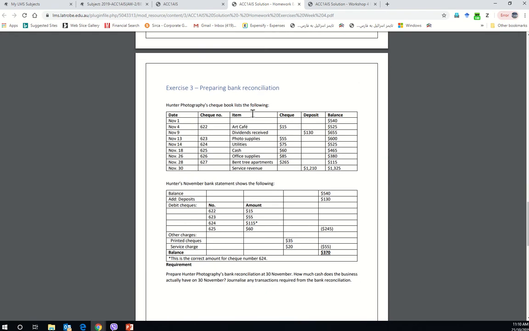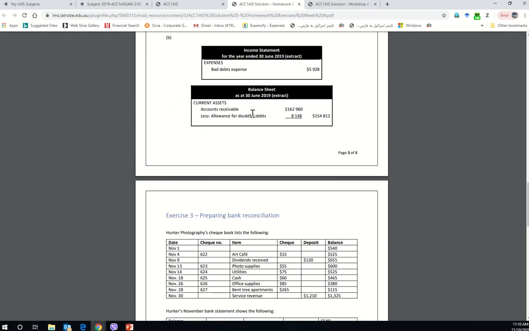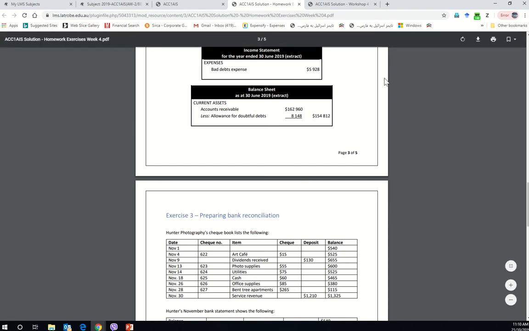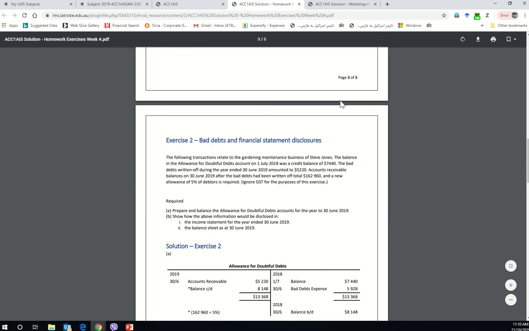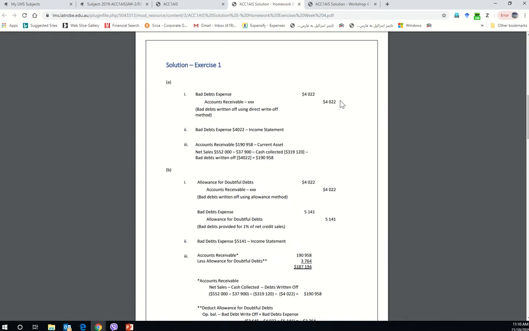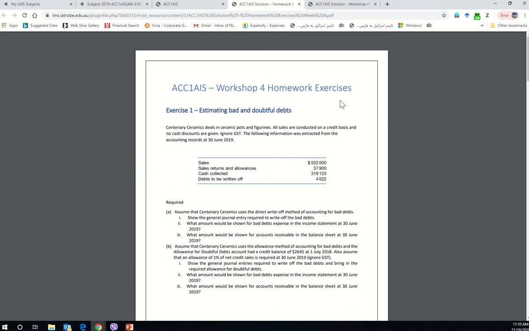So two main issues. One was basically accounting for bad and doubtful debt under the allowance method and the direct write-off method.